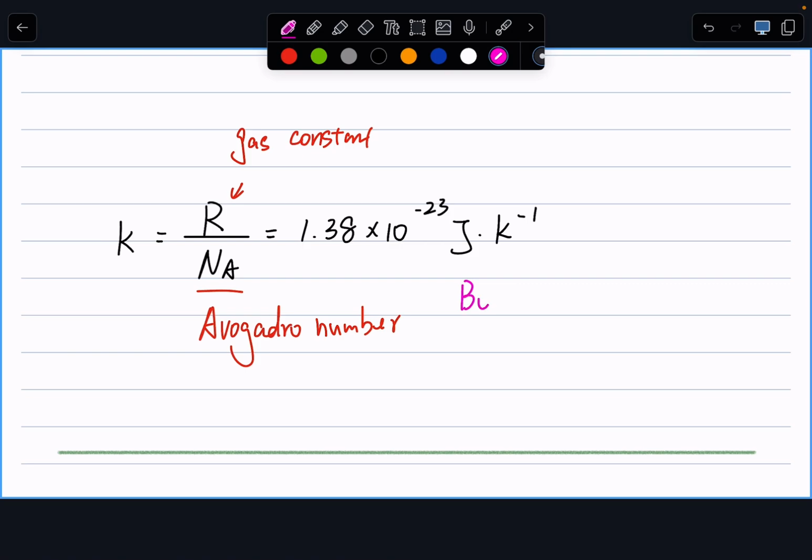And this is our Boltzmann constant, and that's one of our universal constants. In the SI unit system, we have 7 universal constants. And the Boltzmann constant is a constant related to the definition of temperature, or Kelvin. And here's where we actually make the link.